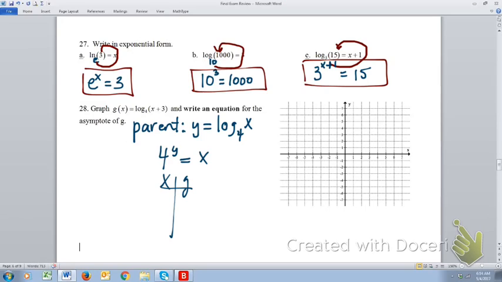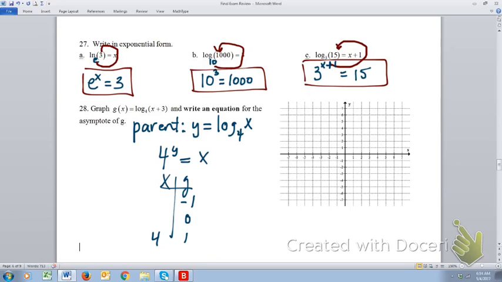And now let's go ahead and make a chart. With exponential functions, something like y equals 4 to the x, we would have picked x to be negative 1, 0, and 1. With logarithmic functions, we actually pick y to be those values. It makes things easier. Notice 4 to the y power, or the 1 power, that means x would be 4.